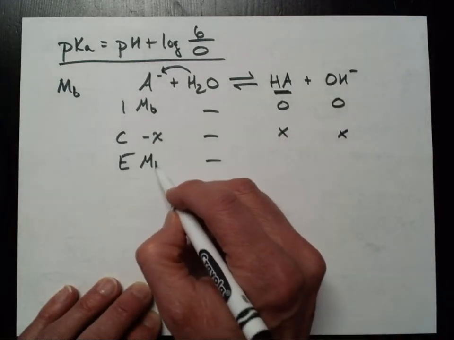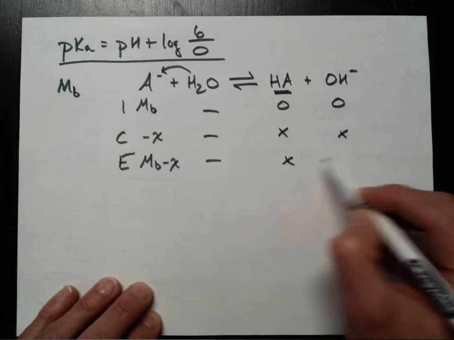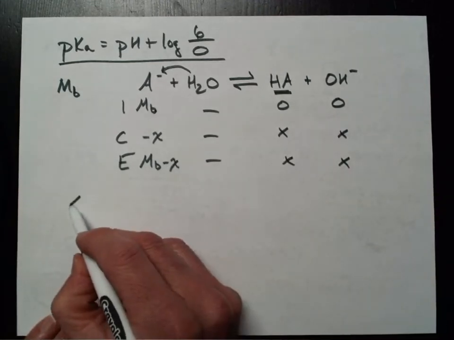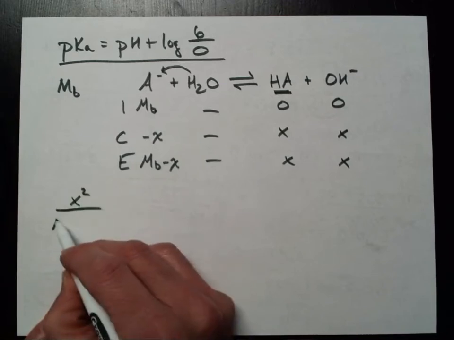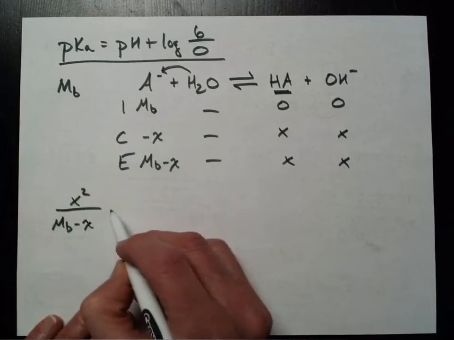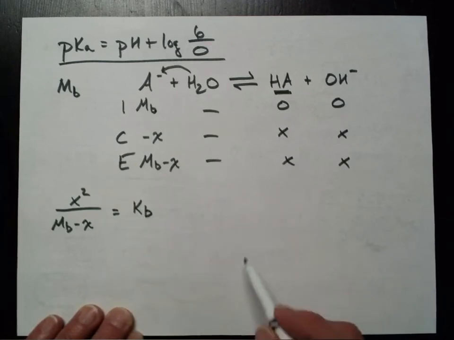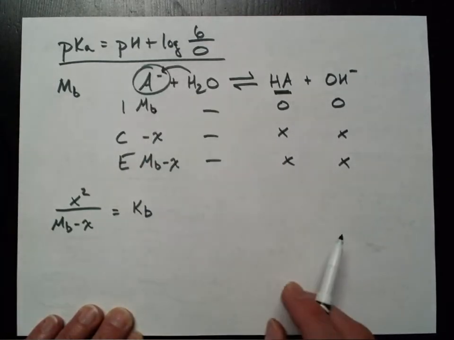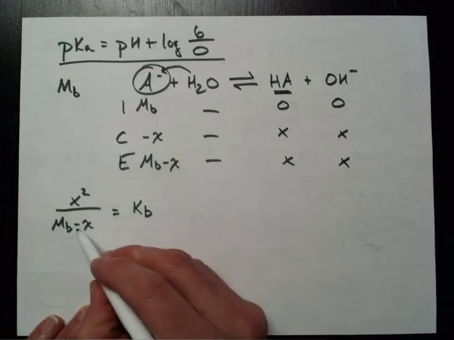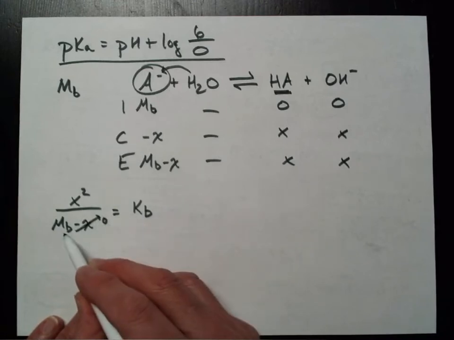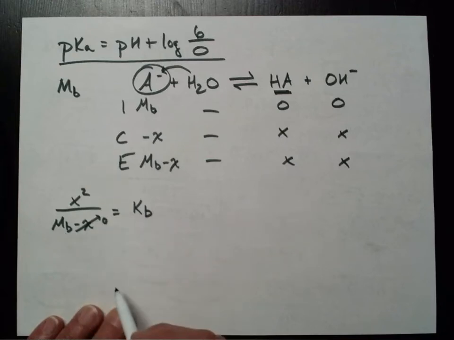So we're going to get the molarity of the base minus X at equilibrium, X amount of this and X amount of that. So we'll be able to set up an equation, X squared over the molarity of the base minus X. What's that going to be equal to? It's going to be equal to Kb for this conjugate base. Usually, X is going to be 5% or less of the molarity of the base, simplifying the math.